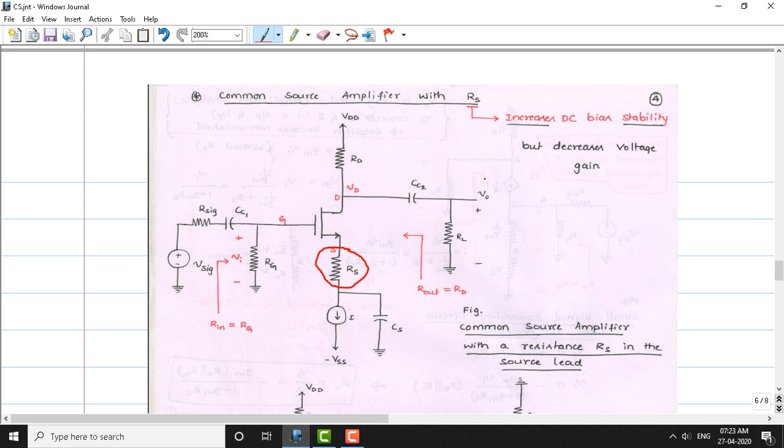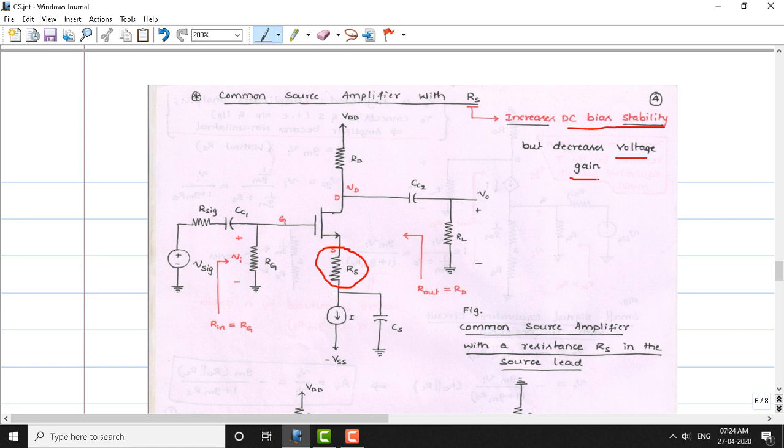In an overview, we can say that by connecting a resistance Rs, the circuit increases the DC bias stability. The meaning is that the current flowing here will be more stable compared to other biasing schemes when we use Rs. But on the other side, there is a drawback: a drop in the voltage gain.